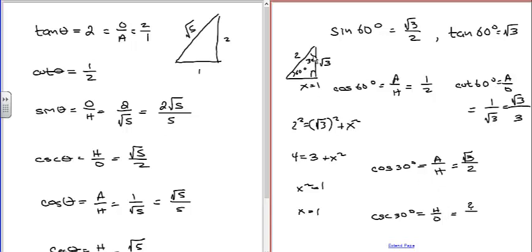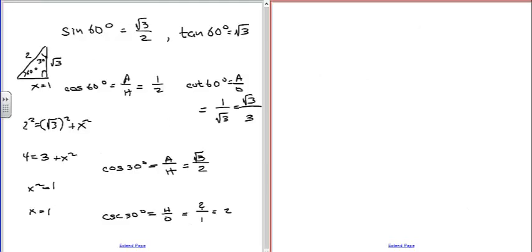So you get the cosecant is 2, which should be the reciprocal of the sine. And that's why if you see the sine of 90 minus alpha, and in this case alpha is 60 degrees, then 90 minus alpha is 90 minus 60, which is 30 degrees.